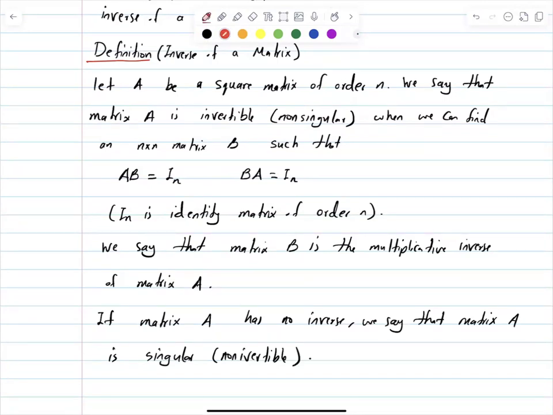So let us familiarize ourselves with these terminologies. We're going to use them back and forth. In different linear algebra books, you might see different terminology.